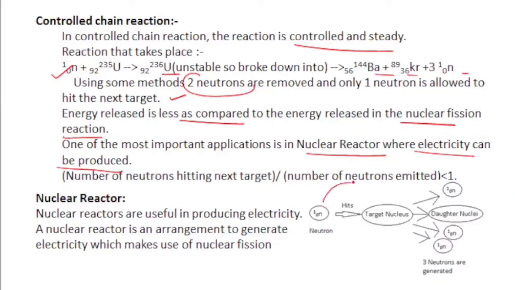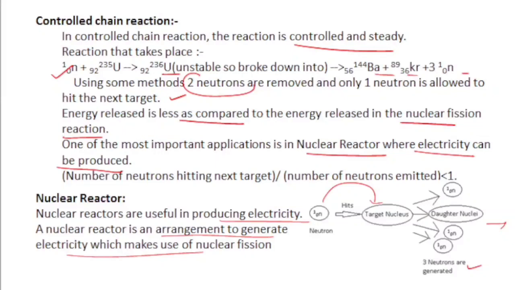The neutron strikes the target nucleus, it produces barium, krypton and 3 neutrons are generated. By any method 2 neutrons are absorbed, only 1 neutron is allowed to strike the next target nucleus. In this way the nuclear reactor works. It is an arrangement to generate electricity which makes use of nuclear fission reaction.